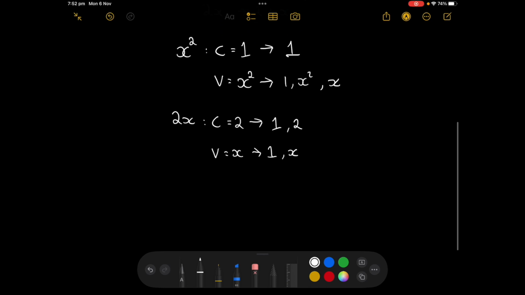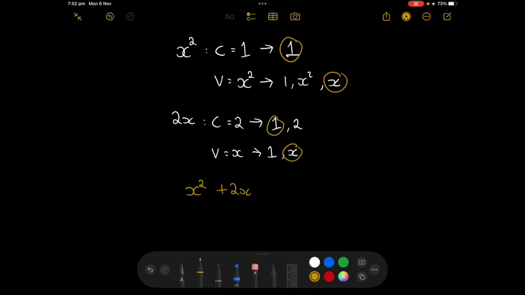So if I was trying to factorize x squared plus 2x using the highest common factor method, I can see that for our coefficients, our highest common factor is 1, and our highest common factor for a variable is x.